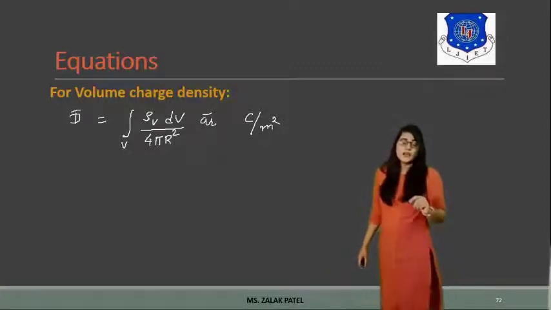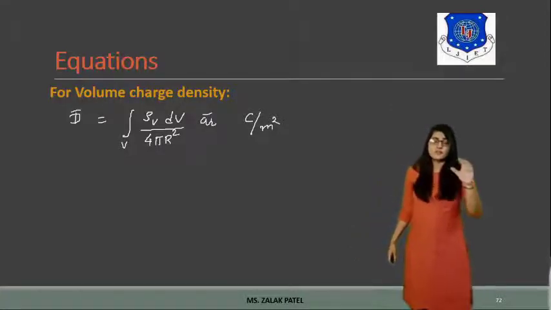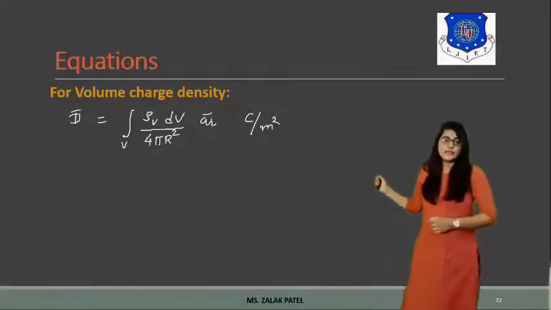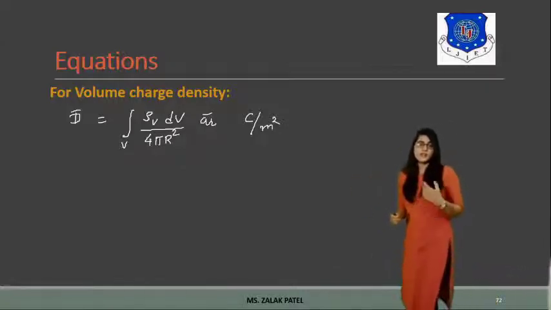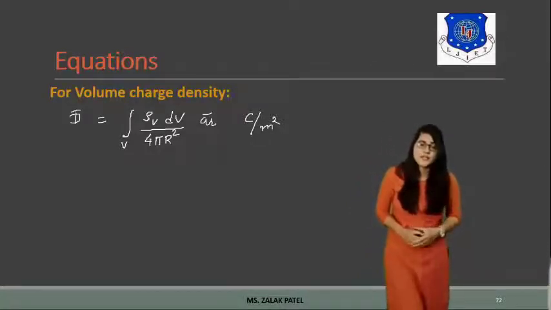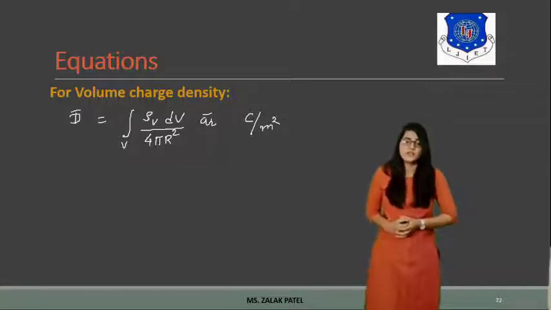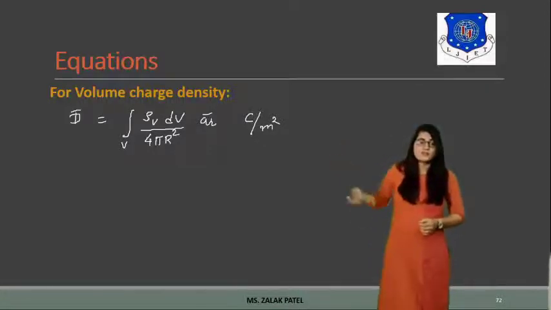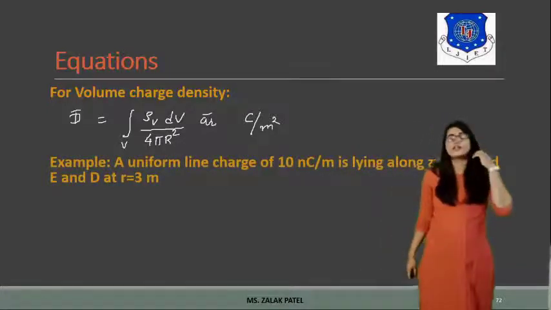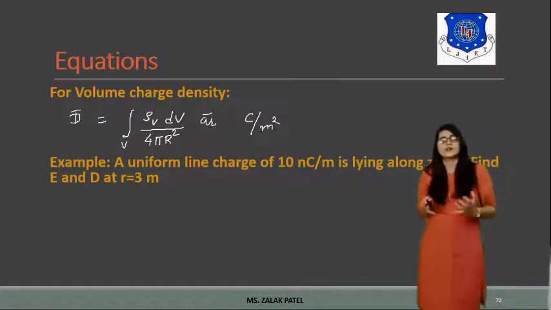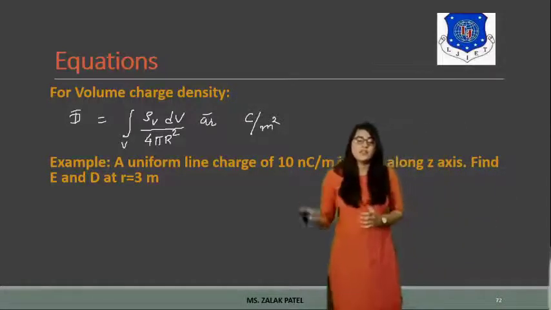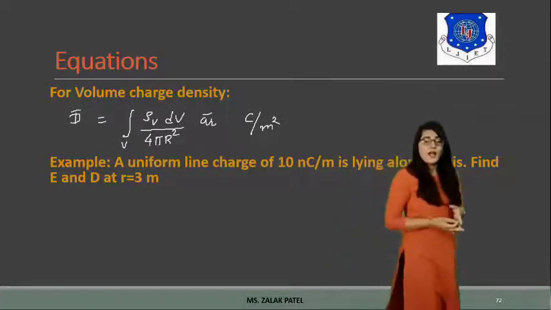But here the volume charge density is present, so in place of Q you have to put integration over volume rho V dV, where rho V is the volume charge density, its unit is coulomb per meter cube. If it is asked that more than 3 or more than 4 point charges are present, then you simply add all the flux densities D1, D2, D3 up to infinite.